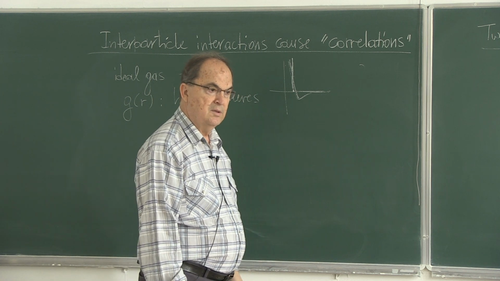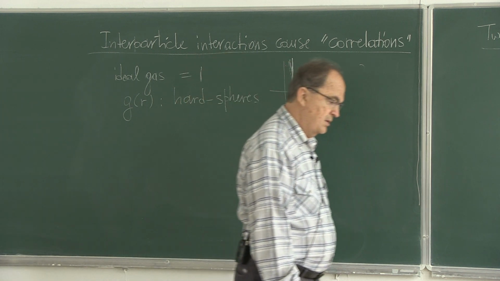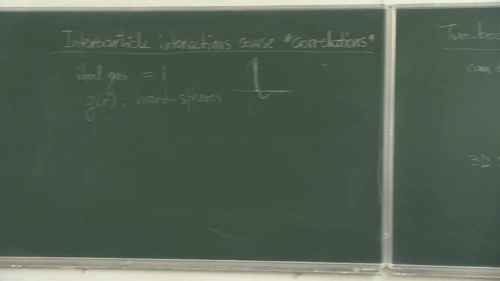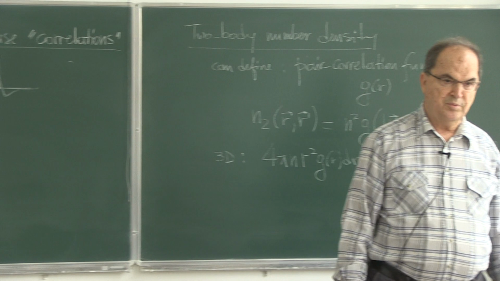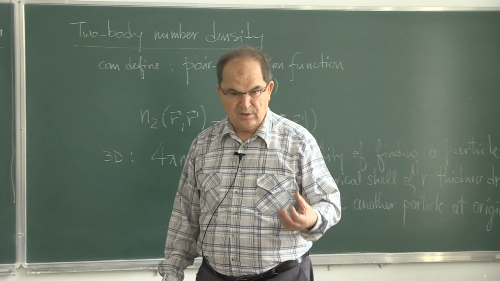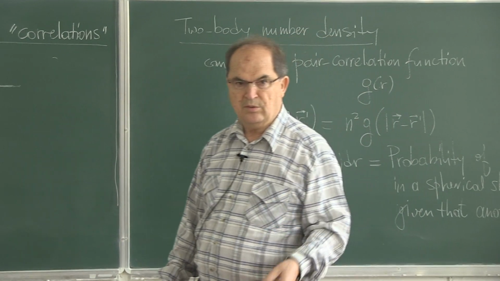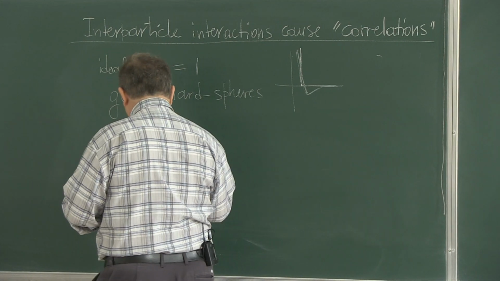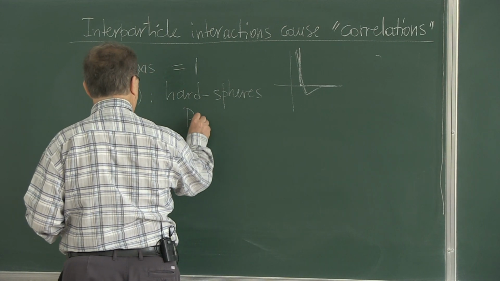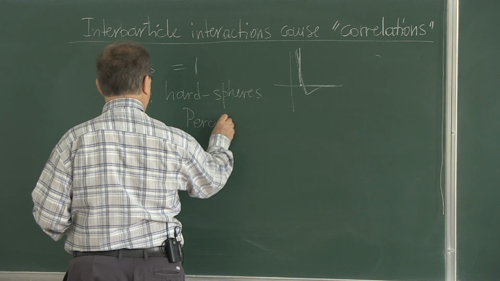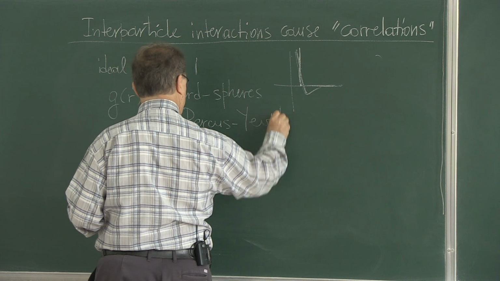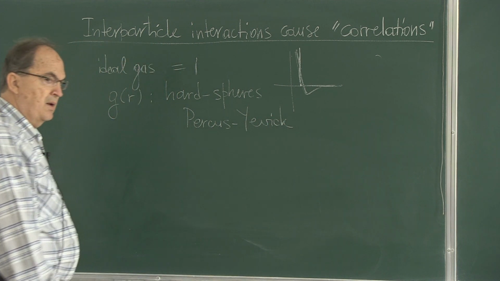Hard sphere is only repulsion, and it is almost 90% of the physics because the attractive part is very small, I told you. And this is known as the Percus-Yevick approximation in this problem. Very well known.